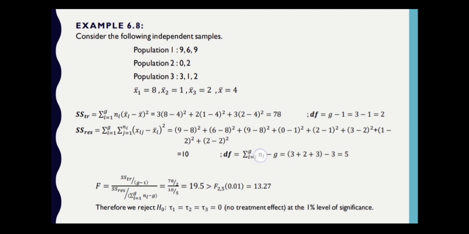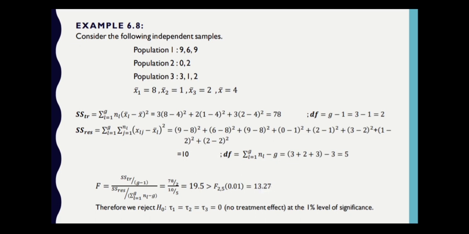Okay, degree of freedom for residual will be summation of n. So you total up all the sample size minus dengan how many population involved. So you akan dapat 5. So apply the formula to find the F statistic. You will get this 19.5 and compare with the critical value from F distribution. You will get 13.27.